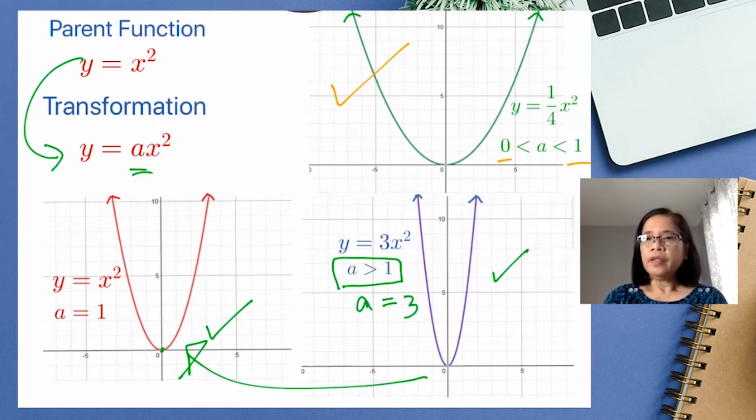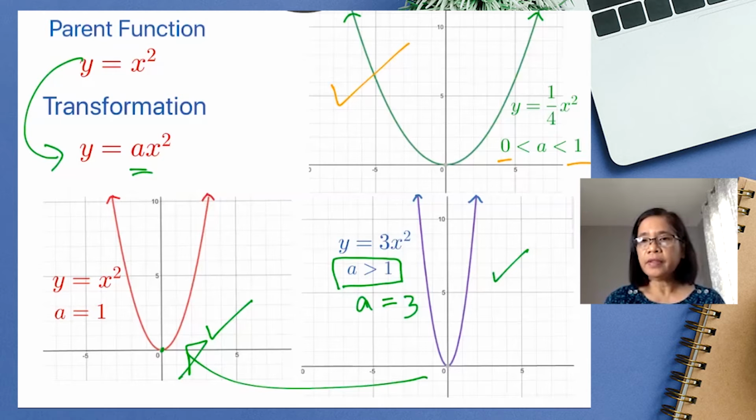So to summarize, the value of a affects the width of the opening of the parabola. The bigger the value of a, in terms of absolute value, the narrower it is, and the smaller it becomes, the wider the opening of the parabola is.